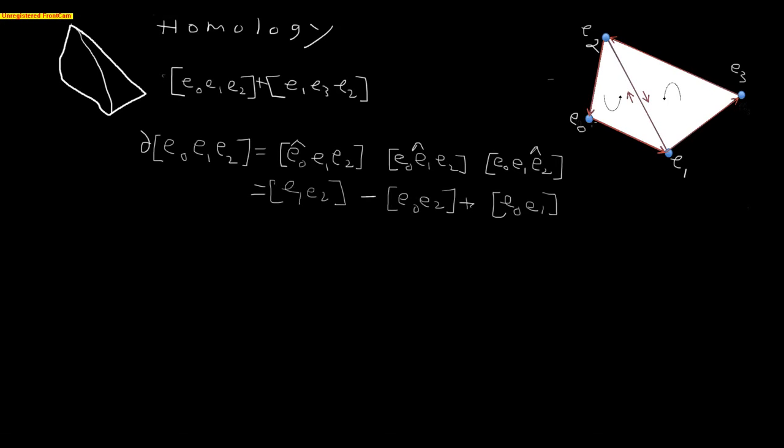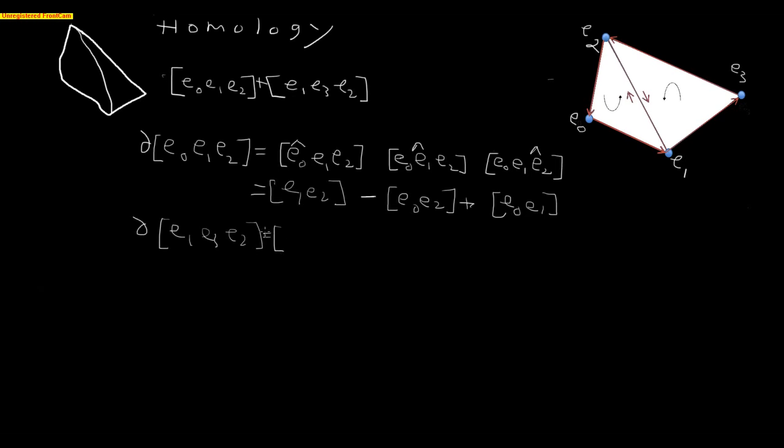Now the boundary operator is what you intuitively think the boundary operator should do. It takes the triangle [E0, E1, E2], which is this triangle, and then it isolates its boundary. So that's the boundary of the little triangle on the left. What about the boundary of the triangle on the right, [E1, E3, E2]?